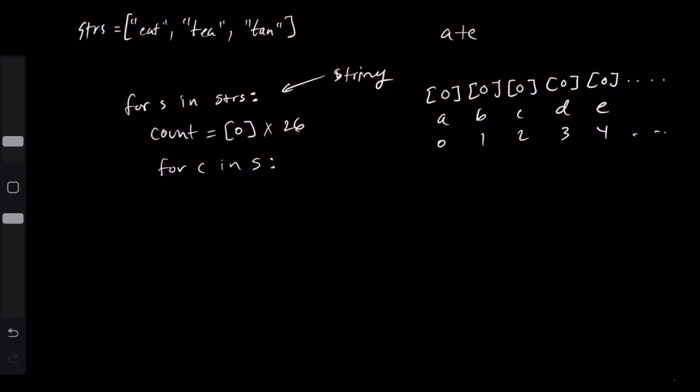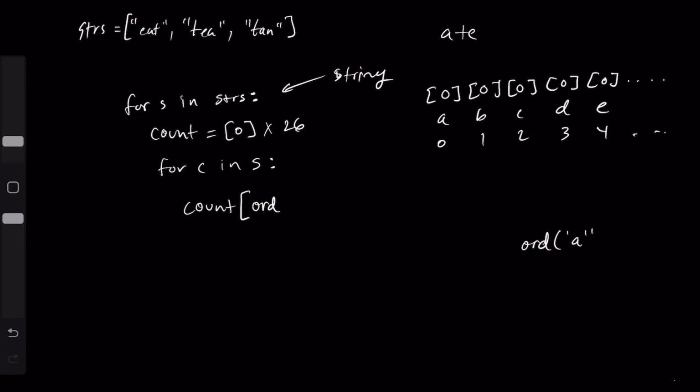We're going to work with the ASCII values of these letters. I'll write it out and then explain it. We initialize count at, and ord is the function to find the ASCII value of a letter.